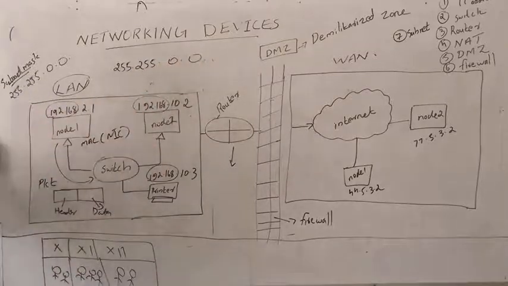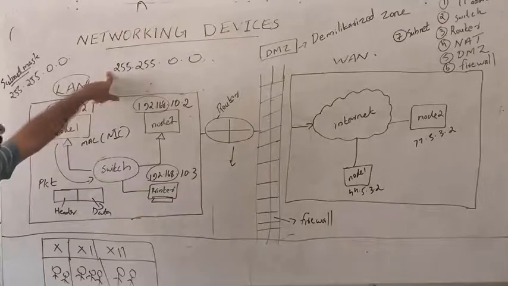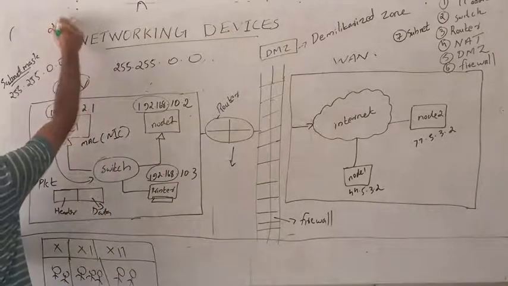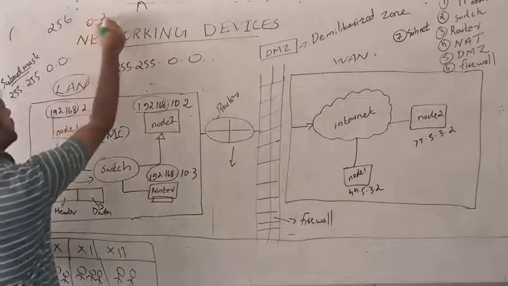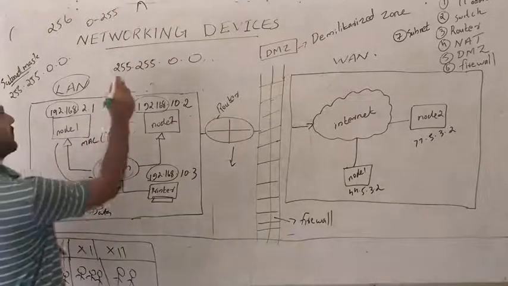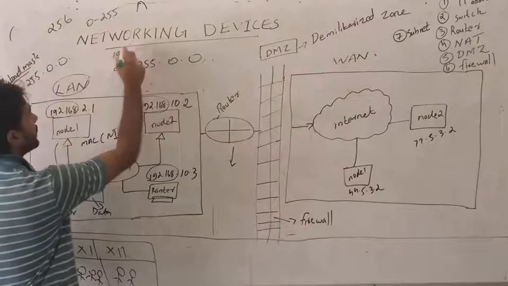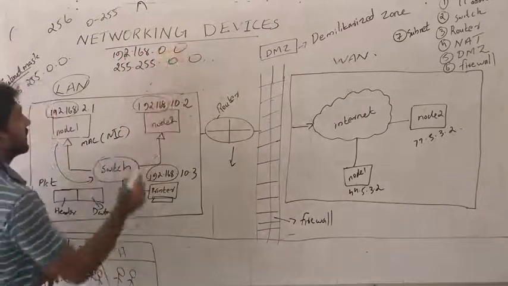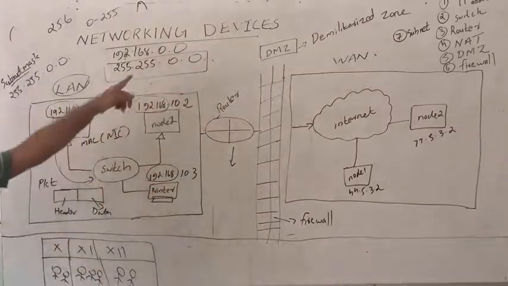255.255.0.0, which means the maximum number of computers we can accommodate on this network is 256, which means 0 to 255. That's why we can say that 192.168.0.0 has the subnet mask 255.255.0.0.